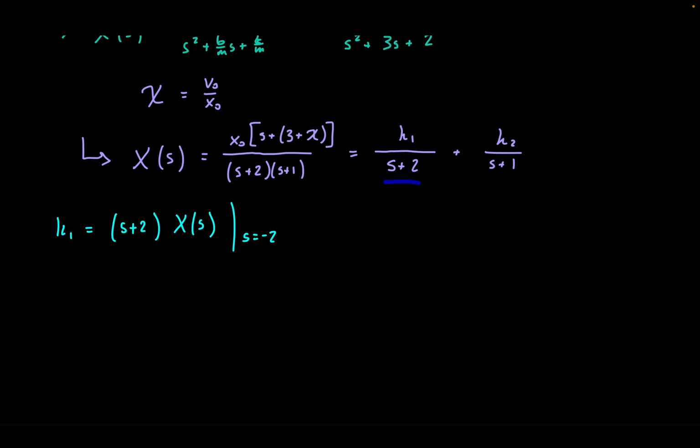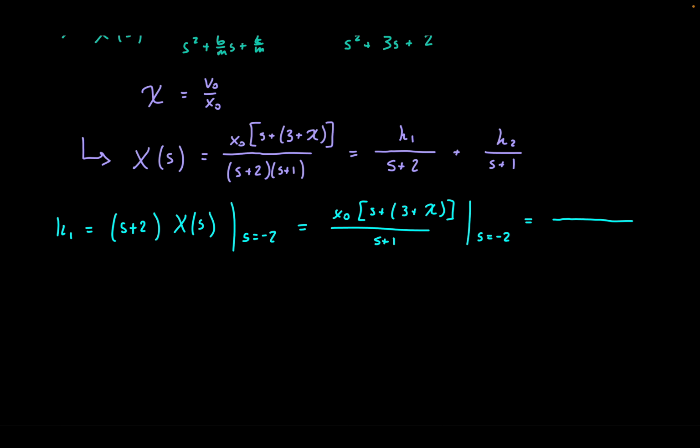So when that root is at 0, which in this case for k1 will be when s is equal to -2, we can start to write that out, and we get x naught times s plus 3 plus chi, divided by s plus 1. And we're going to evaluate this at s is equal to -2.